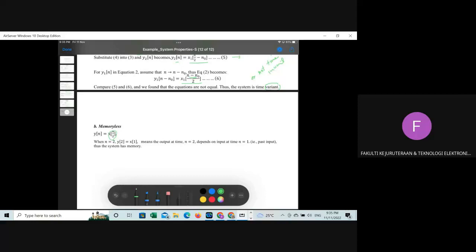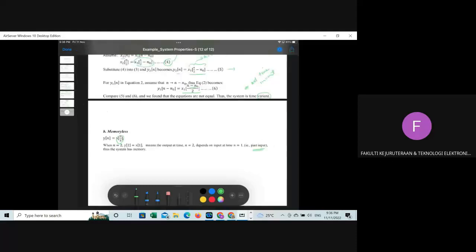That means the output at n equals 2 depends on the input at n equals 1, which is the past, because it has already happened. So in this case, the system has memory. So you can check for that.